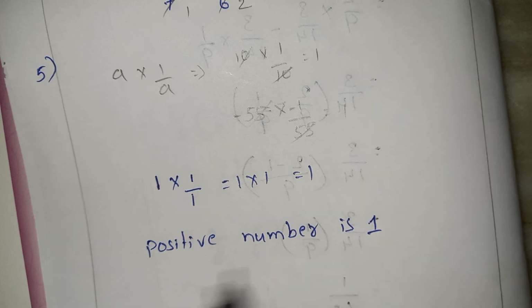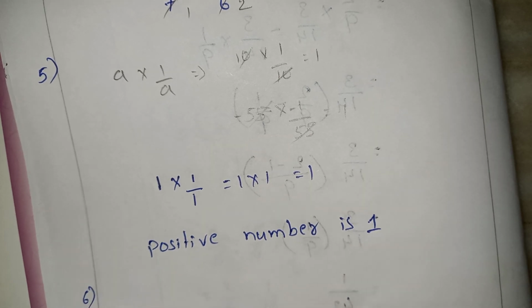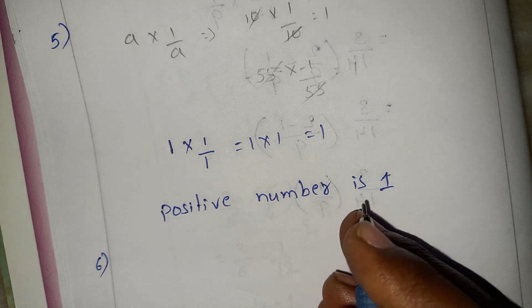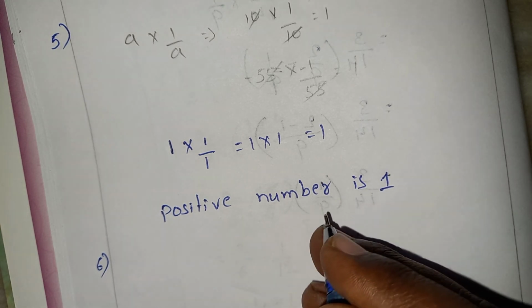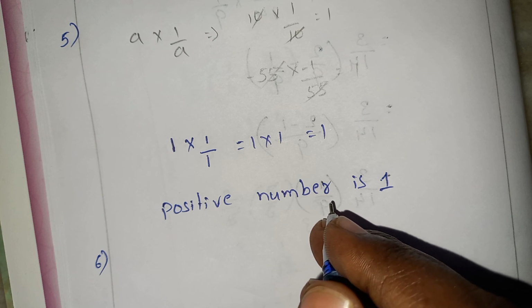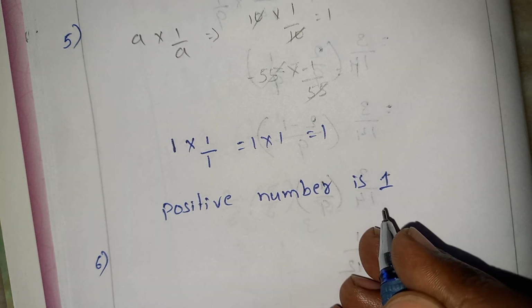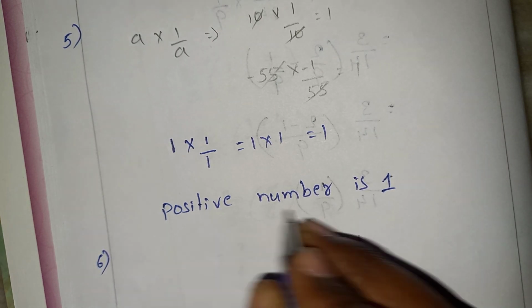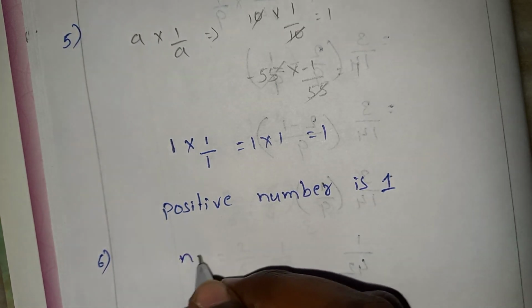Okay. Next, 6th one. Which negative number is its own reciprocal? Same way. The positive number is 1.